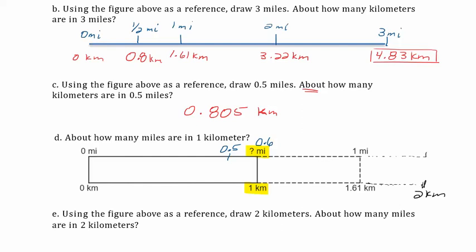Maybe my scale is off. This is pretty good. Okay, so if from 0 to 1 kilometer right here is 0.6 miles, then I would need another 0.6 miles, which would take me to 1.2 miles. So it's about 1.2 miles. Whatever you put for part D, you should double it for your answer for part E.